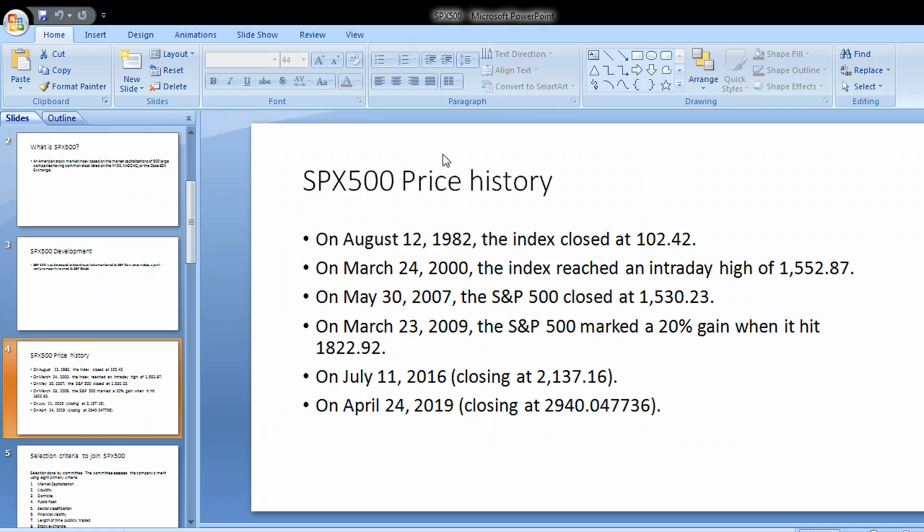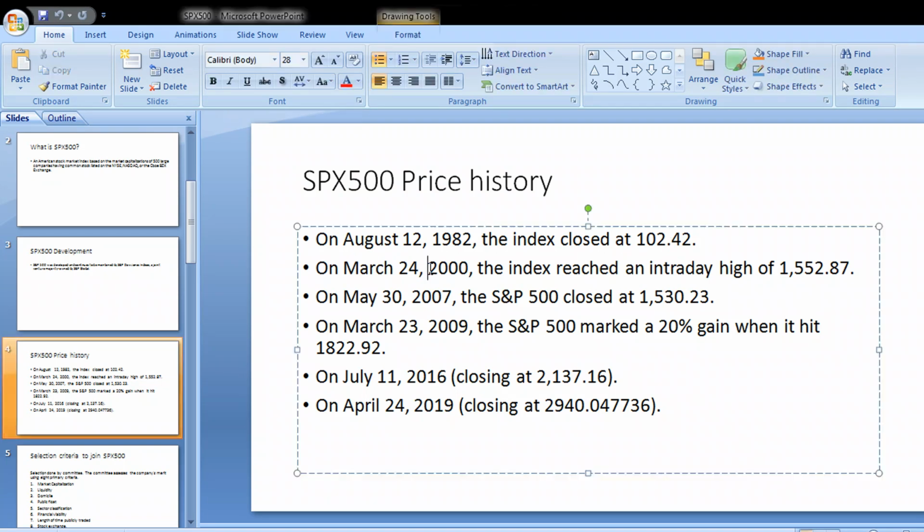The index actually has been there since 1923, but the documentation began in 1982. In the year 1982, it closed at around 102 USD. Then there was an improvement in the year 2000. It was around 1,582.7. Then on May 30th, 2007, SP500 closed slightly lower than the previous reading, about 20 USD below the previous high.